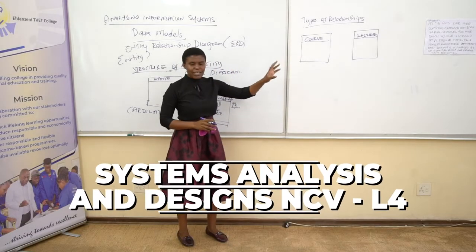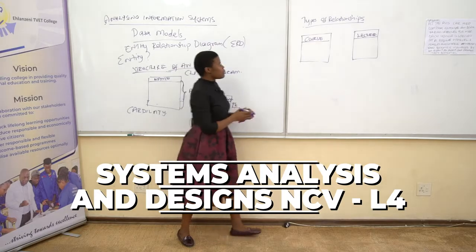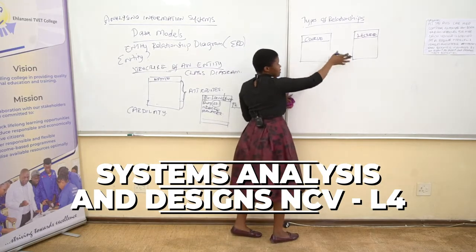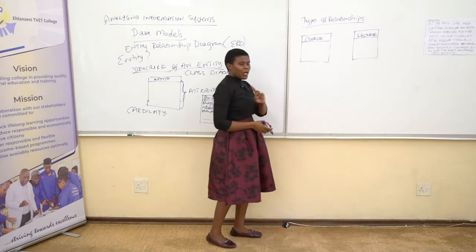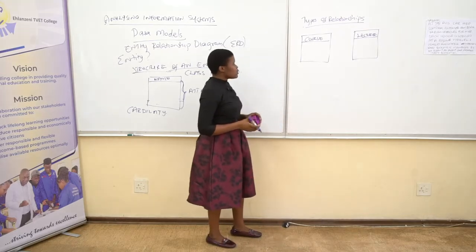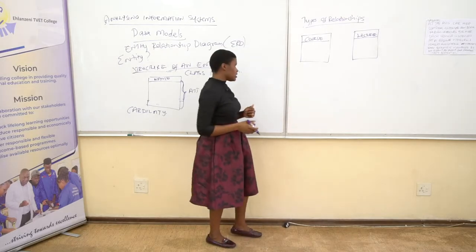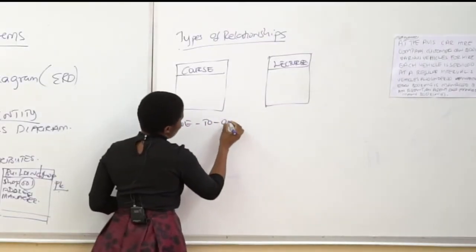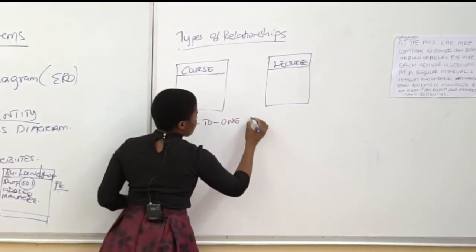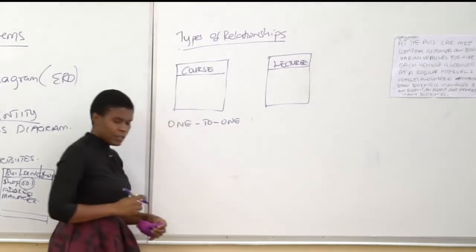But these two will have to be related. So we are going to use these two entities as examples to explain what types of relationships we have. The relationships represented by entities, we have what we call a one-to-one relationship. Okay, I'm going to write it in full.